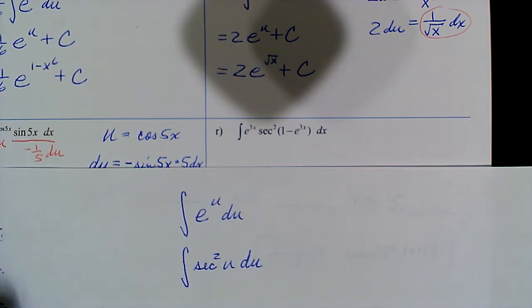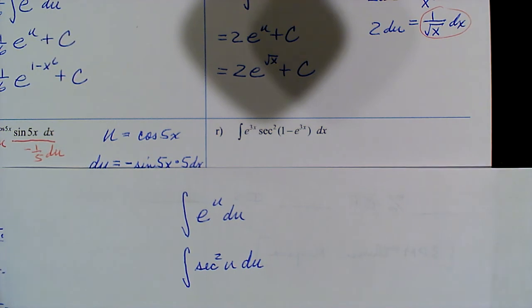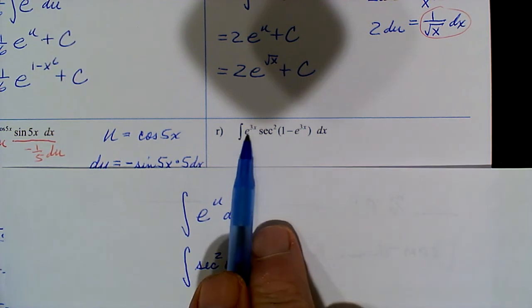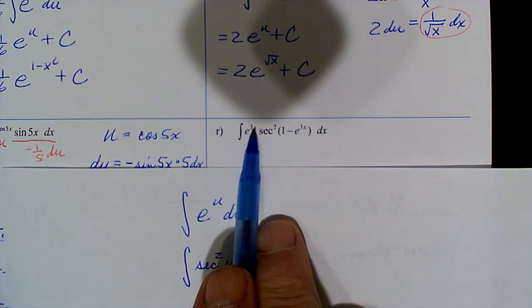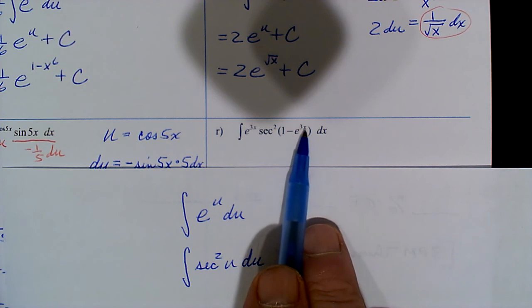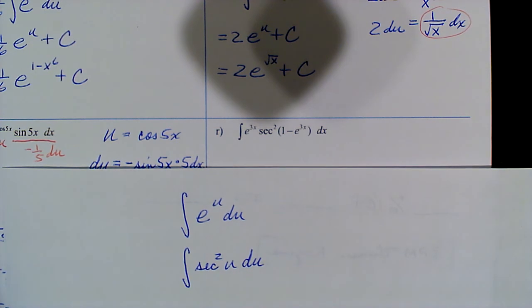And once again, it's usually pretty easy to discern which one is the correct one to shoot for, because, for example, if we're going to try to fit e to the u, we'd have to focus on this factor of e and choose our u to be the power, 3x, and knowing the du needs to be satisfied, obviously the derivative of 3x is not secant squared of whatever.